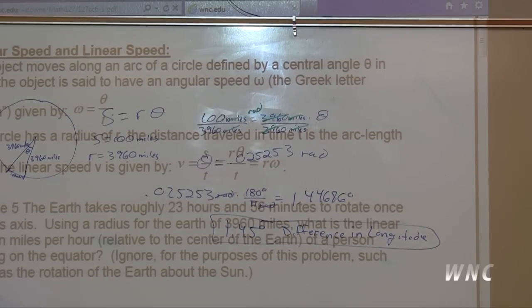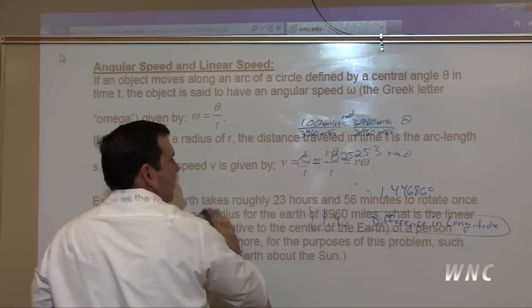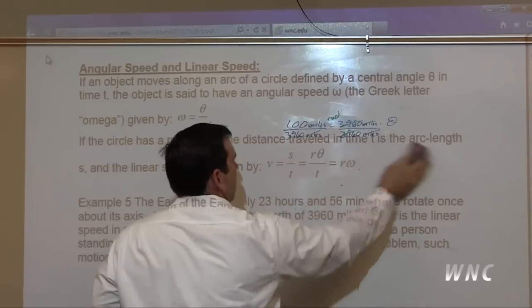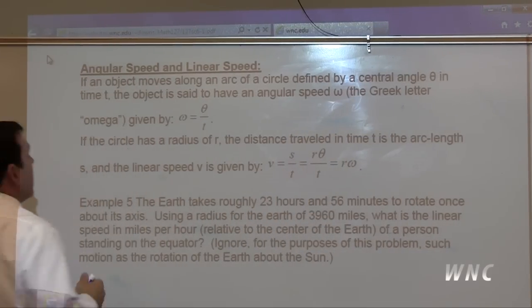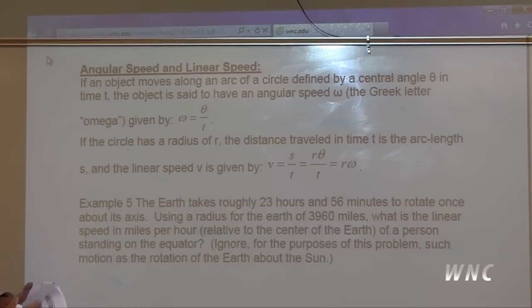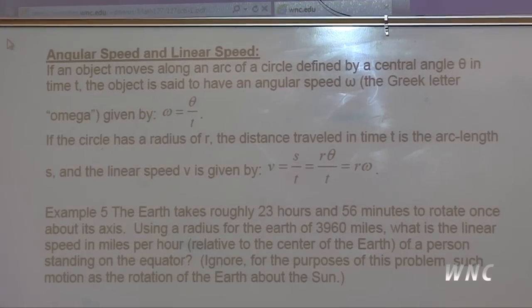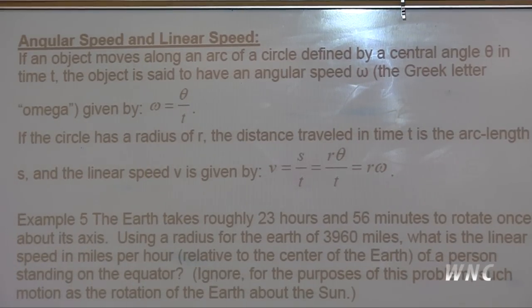Our next concept here is angular speed and linear speed. If an object moves along an arc of a circle defined by a central angle theta in time t, the object is said to have an angular speed of omega.